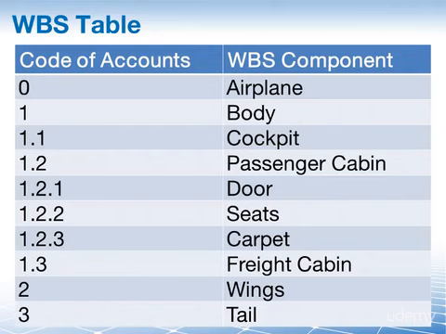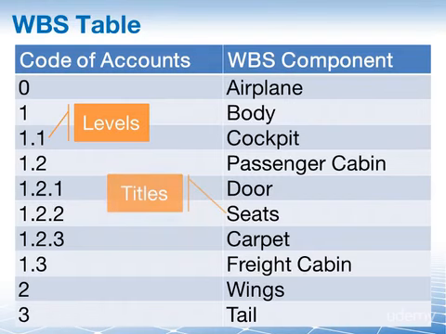And in order to make it easier to see at which level each component is, we use a numbering system. 0, for instance, would be at the top, 1 would be one level down, 1.1 would be the next level down, etc. This number, by the way, is called the code of accounts. So that means that each WBS component has a code of account as well as a title, just like we see it here.